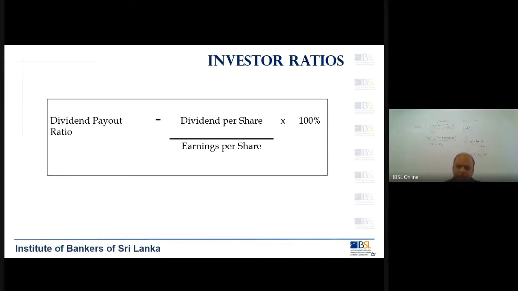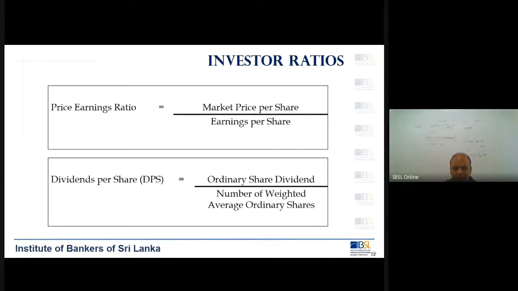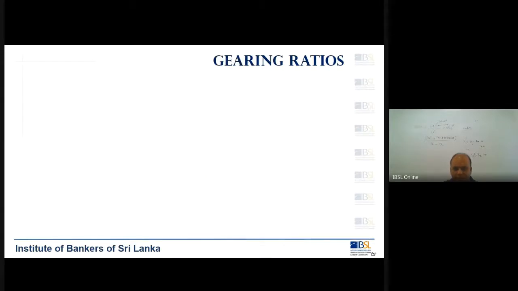Now, for example, in the exam, if you are asked to calculate the dividend payout ratio, you know that you can't directly calculate it. What you need to do? First, you have to go and calculate the dividend per share. Right? That is this. And then you have to calculate the EPS, earnings per share.